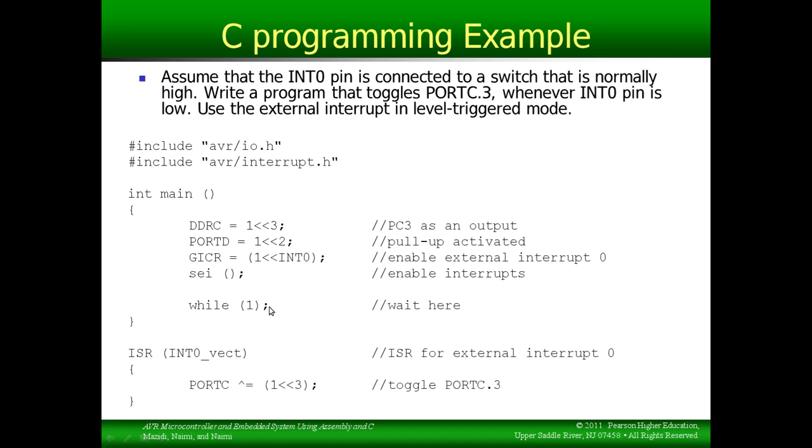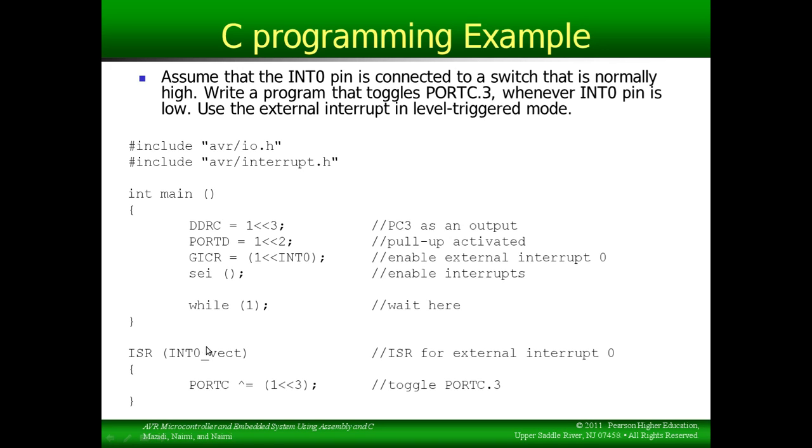So for this example, the microcontroller is just going to pause. Whenever the voltage on port D pin 2, more specifically the INT0 pin, is low, then execution will move from main to the ISR, the interrupt service routine.